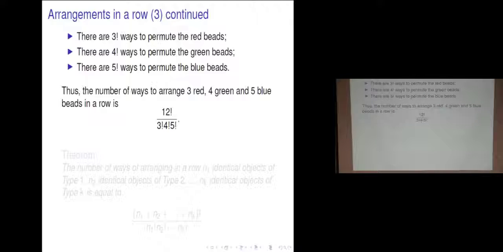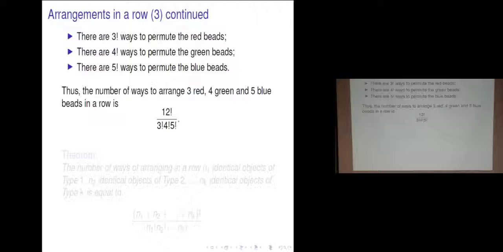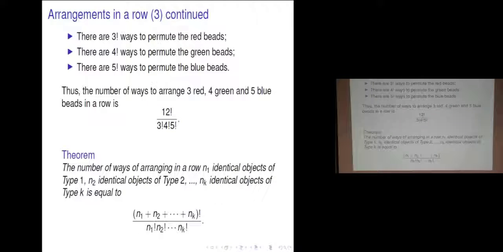Now you have to divide, because you have to identify the red beads, the green beads and the blue beads. So you divide it by 3 factorial times 4 factorial times 5 factorial. This is the way you remove the overcounting.